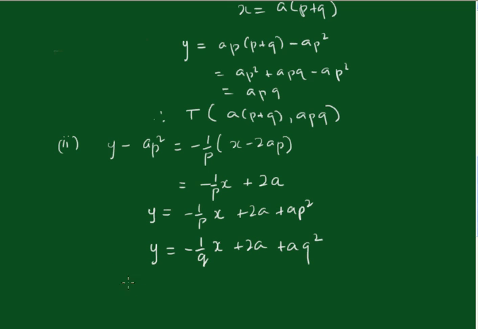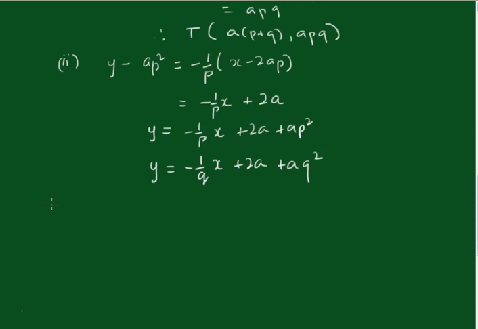Okay, now solving simultaneously, just write that as minus 1 on px plus 2a plus ap squared equals minus 1 on qx plus 2a plus aq squared. And of course we note that these go out and we'll get the x's together.